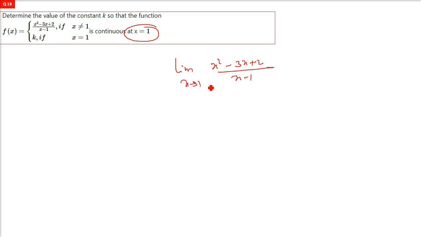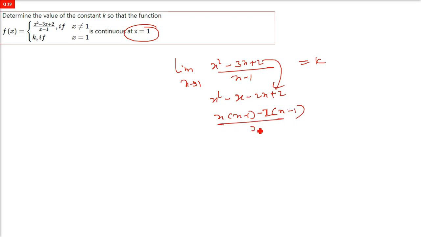So we are checking it at x tends to 1. You can write it as x square minus x minus 2x plus 2. So this is the numerator I am writing, x times x minus 1, minus 2 times x minus 1, divided by x minus 1.